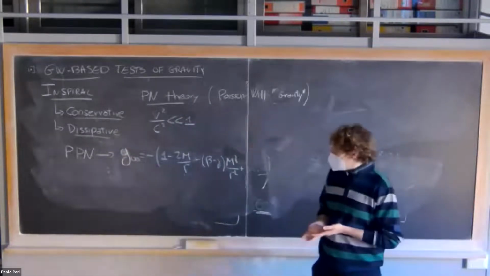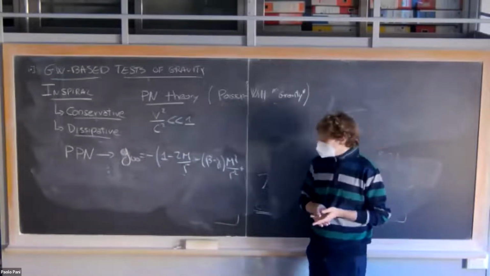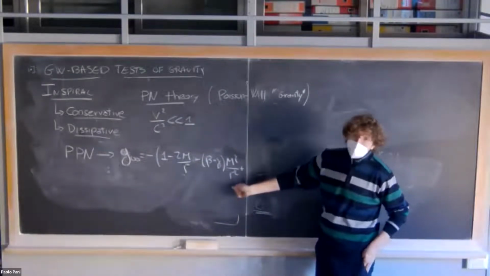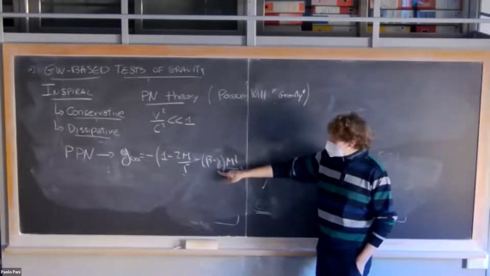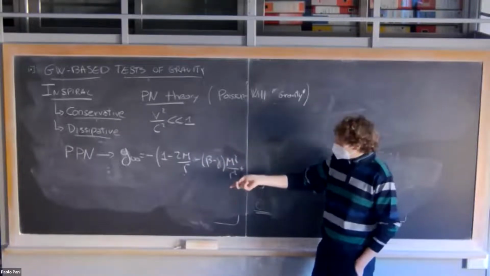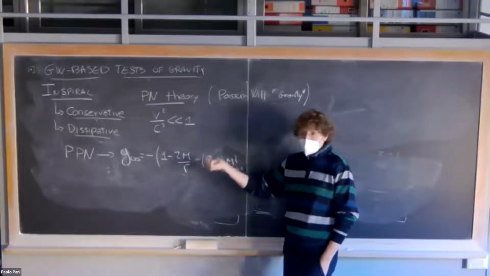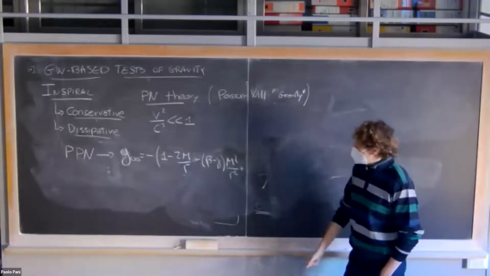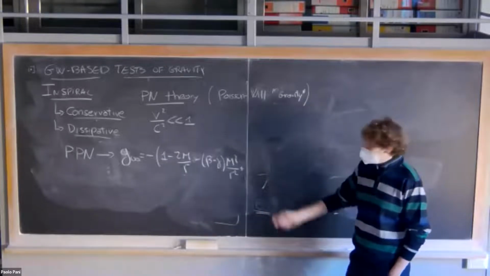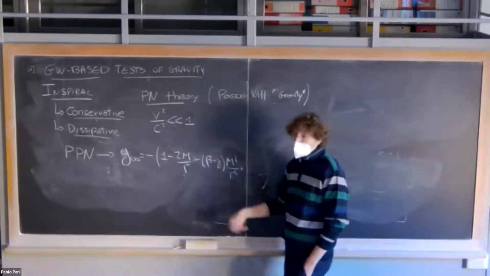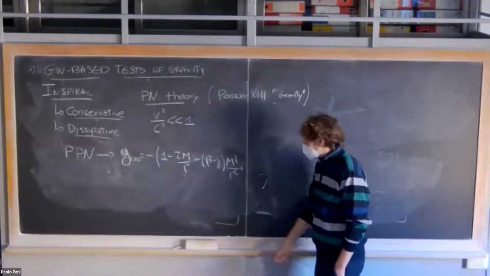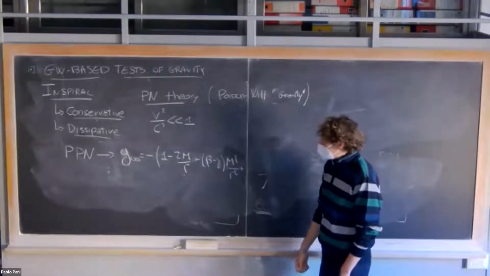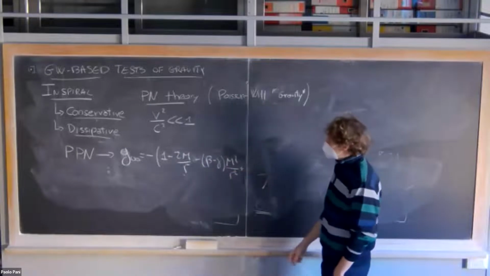And this is very convenient because if we can do that for many theories, we can study the parameterization, put bounds on these parameters, and then a posteriori map these parameters into those of a given theory and constrain the theory once and for all. So we don't need to work out the computation for each theory, but it's sufficient to just work at the level of the parameterization.